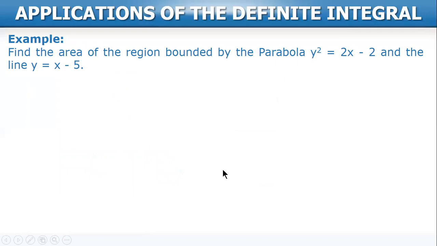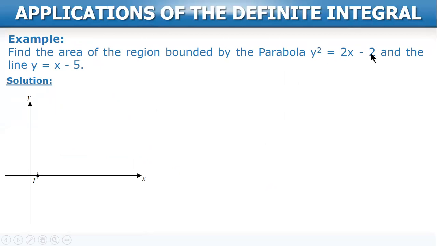The other problem: find the area of the region bounded by the parabola y squared equal to 2x minus 2 and the line y equal to x minus 5. So let us sketch the graph. Sa parabola, when y is 0, x equals 1.